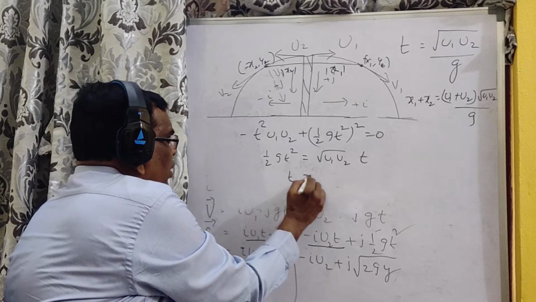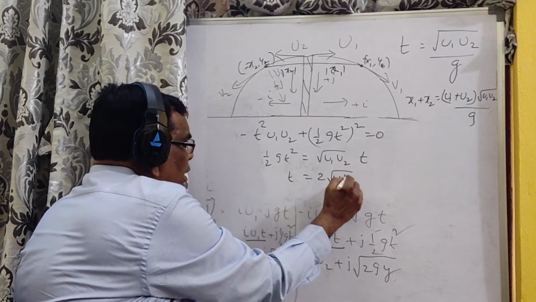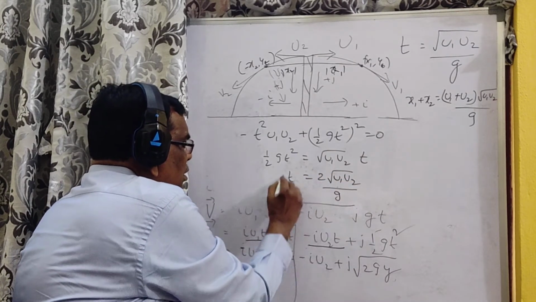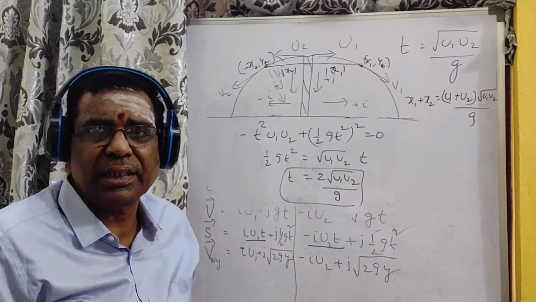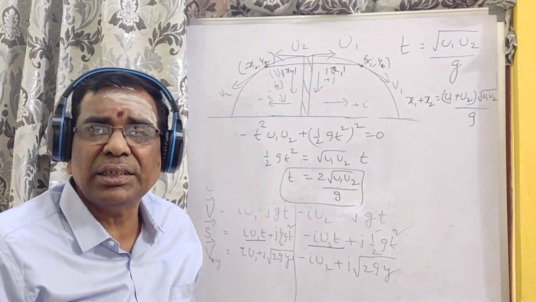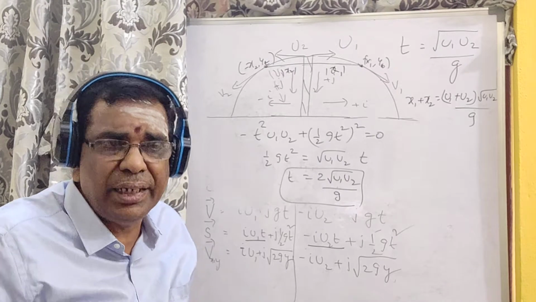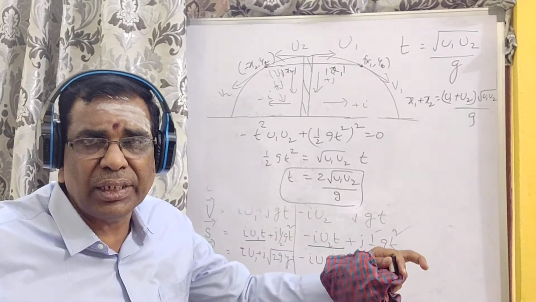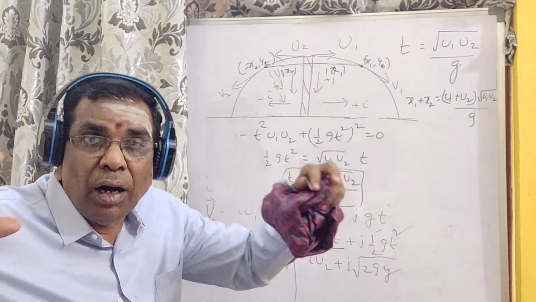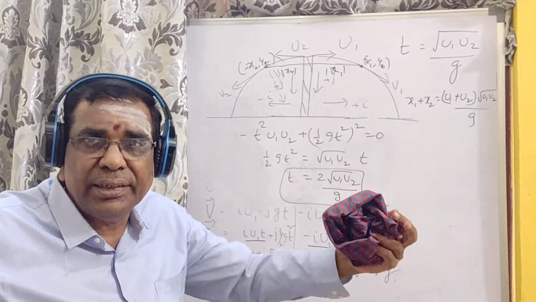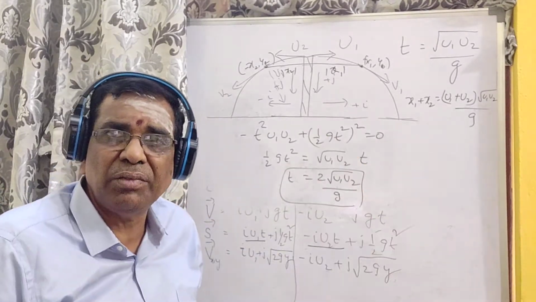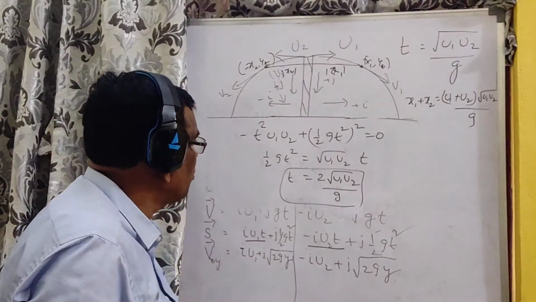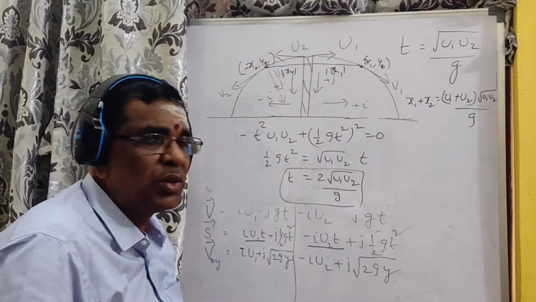So t, if I take it, I will get it as, now you see, exactly the time taken is twice that of the previous case. That means first the velocity vectors become perpendicular, and after doubling the time, the displacement vectors become perpendicular. So that is precisely what you have got.